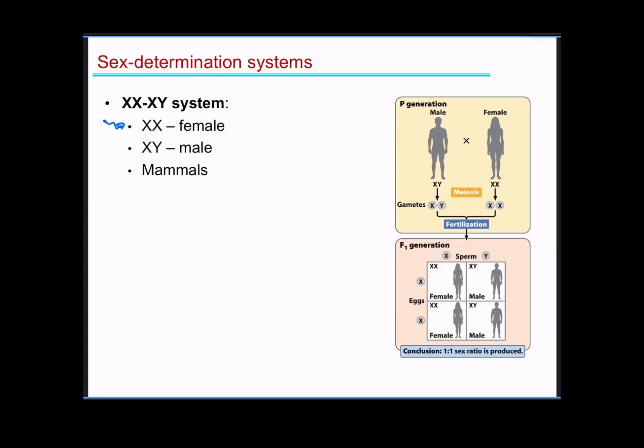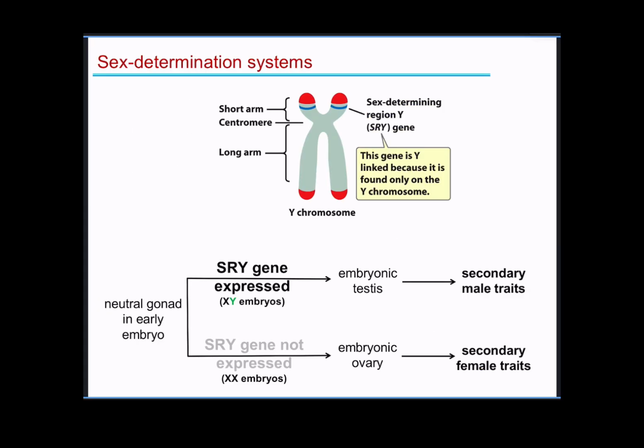So in mammals, the XX-XY system works as follows. The reason why individuals with a Y chromosome develop male reproductive organs and make male gametes is because the Y chromosome carries a gene called the SRY gene, whose protein product functions very early during embryonic development.